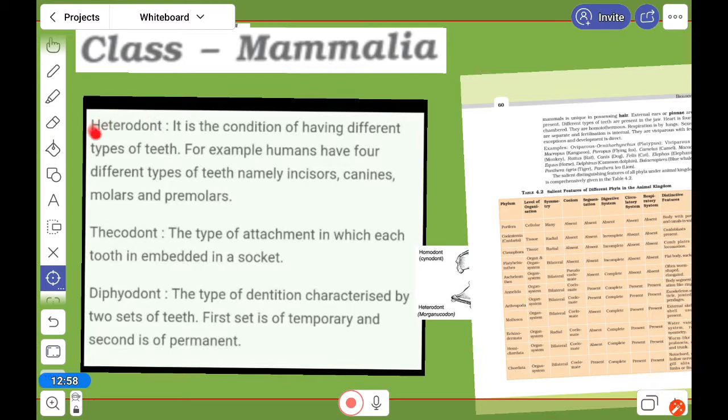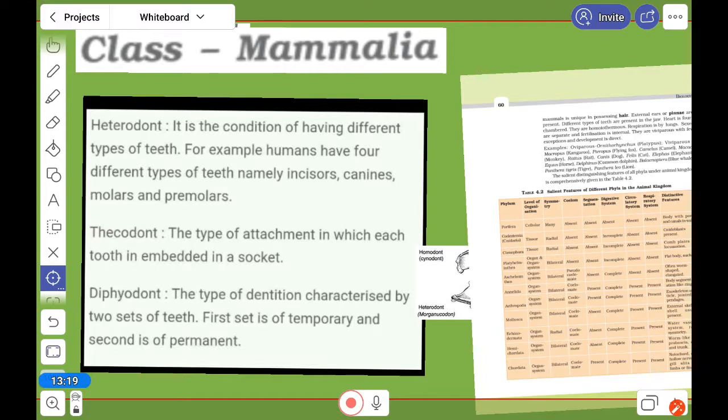What does it mean? It means the teeth are not of the same type; teeth are of different types. In humans, also in mammals, they have incisor, canine, molar, and premolar.